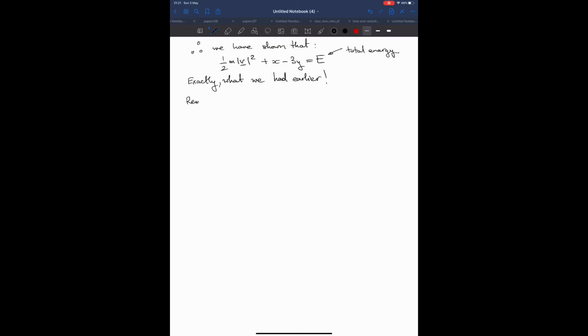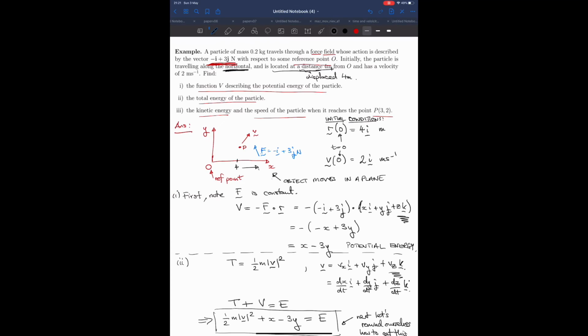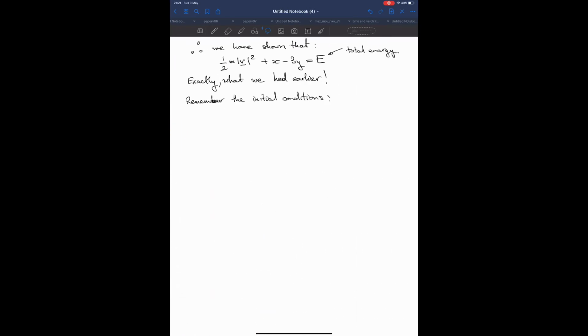Remember the initial conditions. Let me go back and grab these. So the initial conditions read like this, and this is how we're going to get hold of the constants. Because the object moves horizontally, in terms of x's and y's, the first one implies x of 0 is 4, y of 0 is 0.